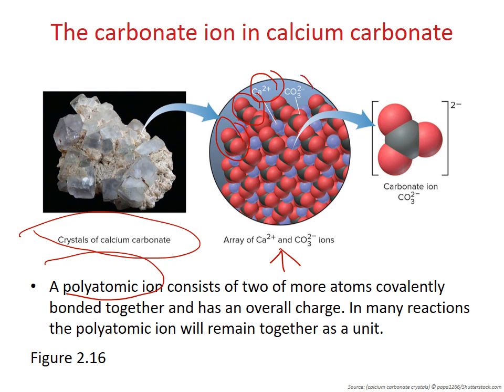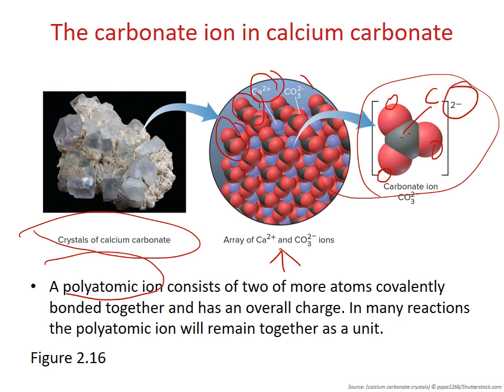The carbonate ion, here is an enlarged one, consists of a carbon at the center covalently bonded to 3 oxygens. The 2 additional electrons give the ion its 2 negative charge.